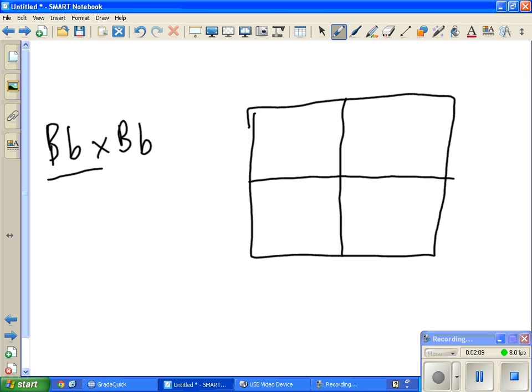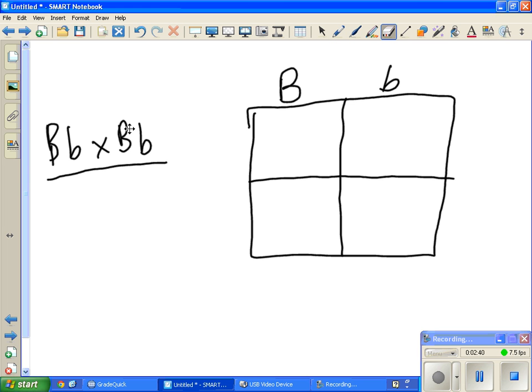And we know we're crossing two heterozygous parents. So what you do is you put one allele, start with the first parent, put one allele on top of each box. So one dominant allele here, one recessive allele here. Then you take the other parent and you go down the side, one dominant allele, one recessive allele, because they're heterozygous.